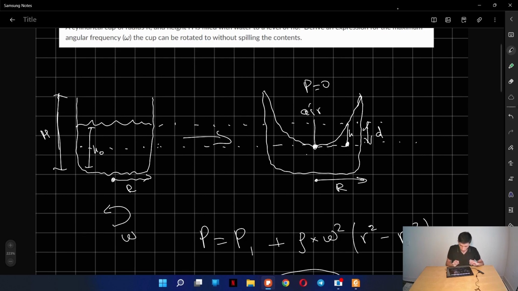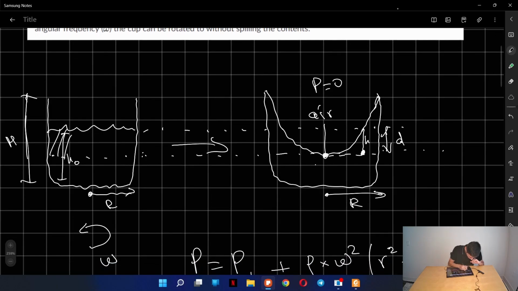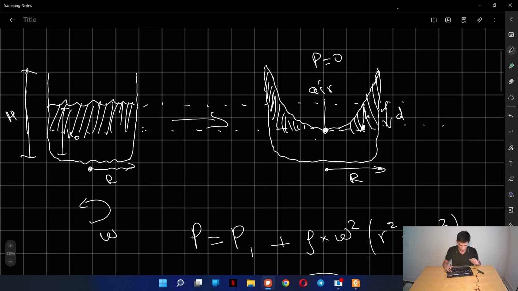And then when we look back to our diagram, we know that the water has some volume here, and it's going to decrease by some distance, and this volume here should be equal to this volume here if no water is spilled out from the cylinder.